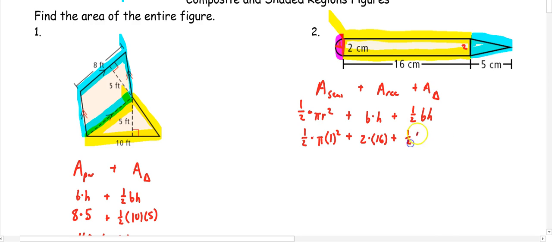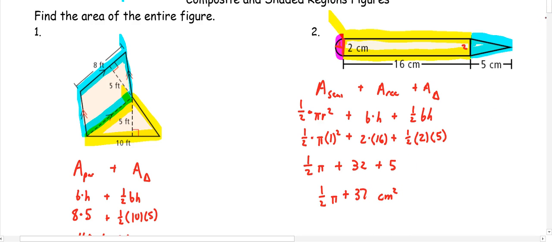So we have 1/2, the base of the triangle is 2, and the height is 5. So when I multiply this out, I get 1/2 pi plus 32 plus 5. I can combine the 32 and the 5, and so if I leave my answer as an exact answer, I have 1/2 pi plus 37 centimeters squared.